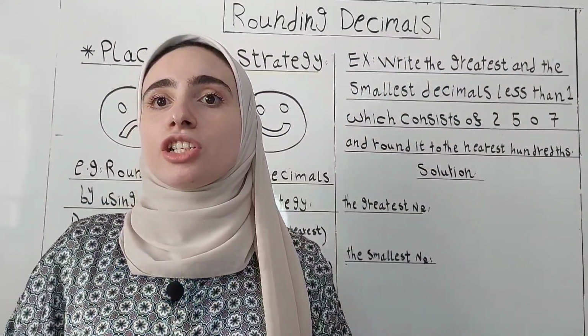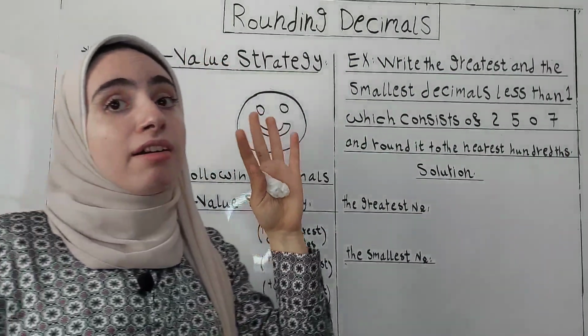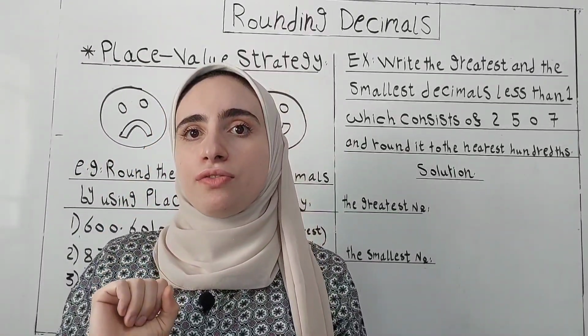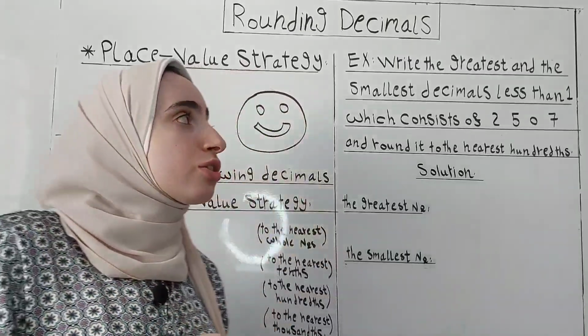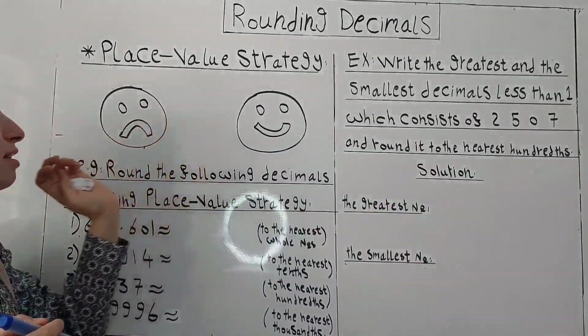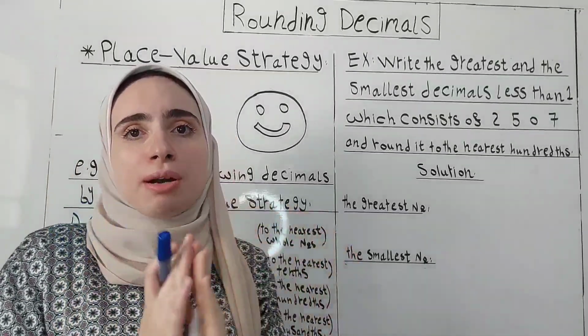The second strategy is called the place value strategy. We learned that in junior form we have two kinds of numbers. The first one is called a happy or rich number, and the second one is called a sad or poor number.